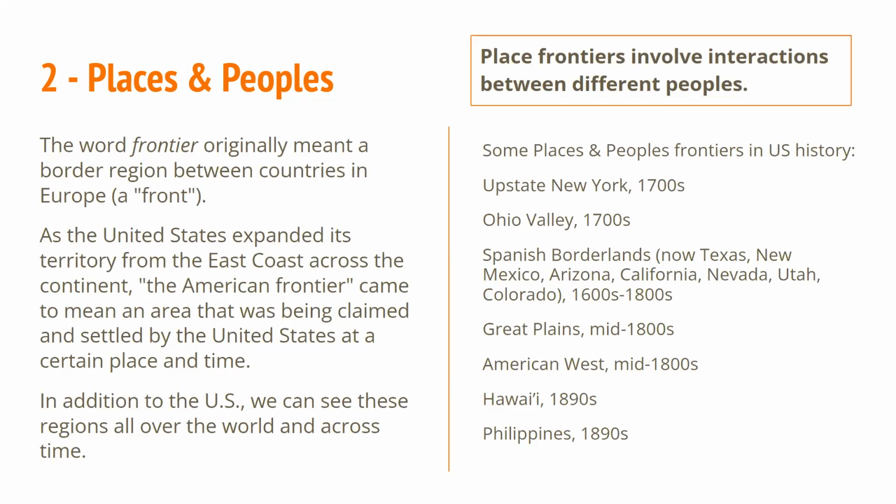But we can see these kinds of border regions happening all over the world. And they don't necessarily only happen between nation states or between empires, but can happen where different cultures are meeting and intermingling.